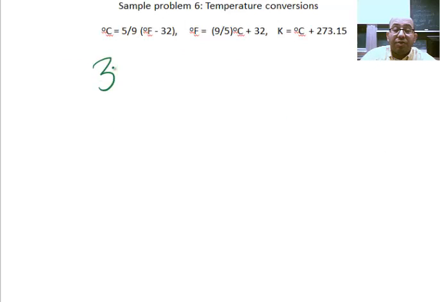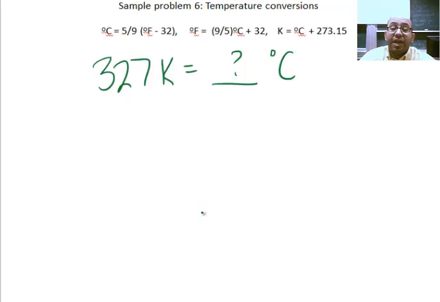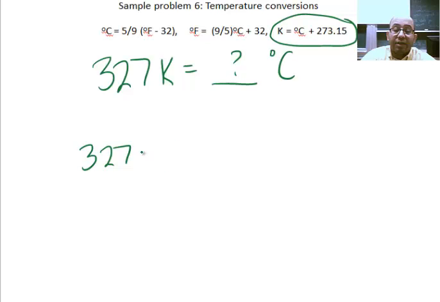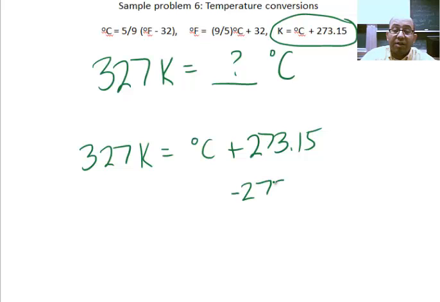So in this last sample problem, I'm going to write 327 Kelvin, and we're going to ask how many Celsius is that? So I plug it into this equation over here on the right. 327 Kelvin equals Celsius plus 273.15.